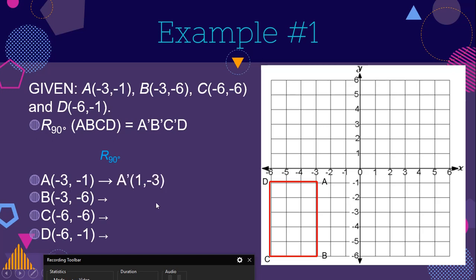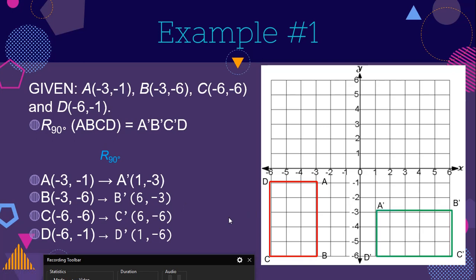So there's A prime, B prime, C prime, and D prime. Now that we've applied the rule and we know the location of the prime image, we can go ahead and graph it. Keep in mind, we're turning this against the clock, so we're making a turn to the left. And there's my prime image.